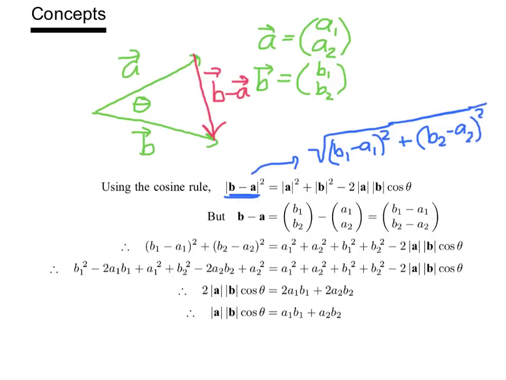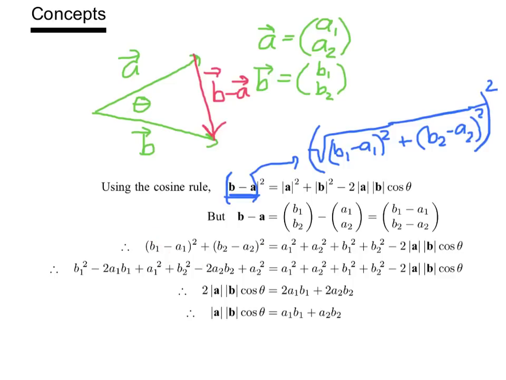Now, I don't really want to take the square root of that. That's pretty nasty. But fortunately, on the left-hand side of the cosine rule, we're squaring the magnitude of vector B minus vector A. So I get to take this whole thing and square it, and the square and the square root negate each other, and I'm left with just B1 minus A1 squared plus B2 minus A2 squared. So if you're wondering where that came from, that's the explanation.